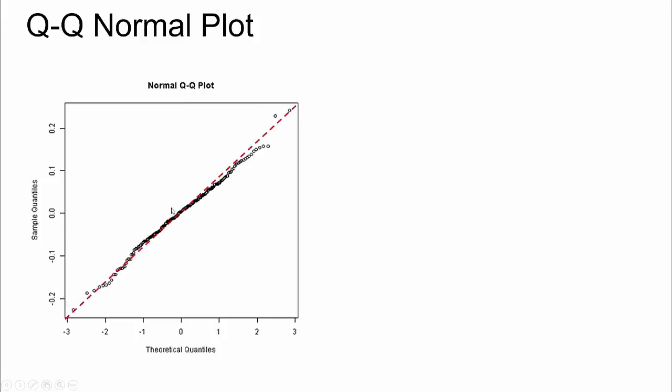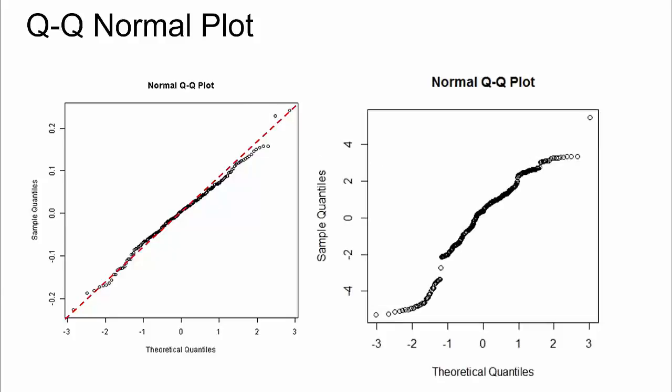And if I put a line on there, yeah, it's pretty darn close to a line. We got a few outliers here that are up and down and a little bit of jaggedness at the end, but it's pretty close. But then I have another distribution, and that doesn't look like a line. It looks pretty different. So I can probably say at least in the middle, it kind of looks like a normal, but the tails really aren't like a normal distribution.